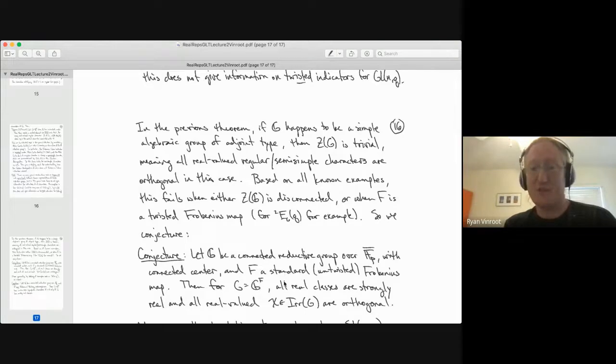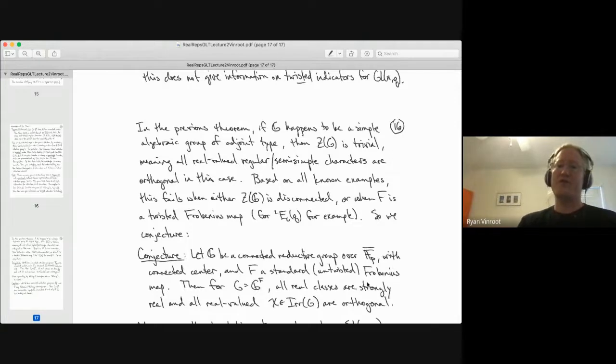I believe it to be true, but it's true for G2: the real classes are strongly real. I don't know how to get at them for E8. The things that I know most about now is that all of the real valued characters are orthogonal for G2, F4, E8, and E7 adjoint type. I expect it to be true for E6 adjoint type.